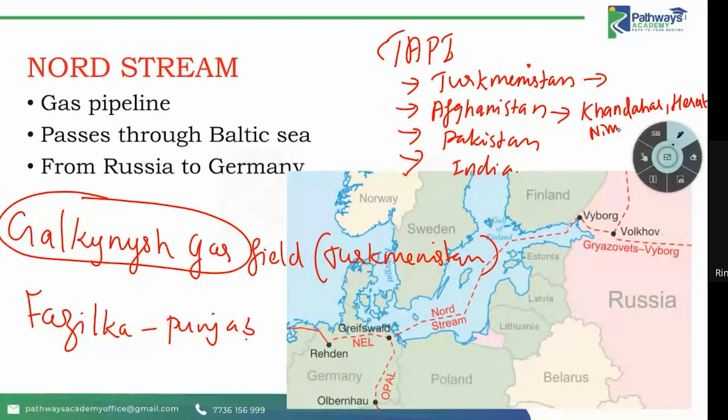They may ask cities because these cities are very famous through TAPI pipeline. In Pakistan, it passes through Multan and Quetta. TAPI pipeline. Okay.